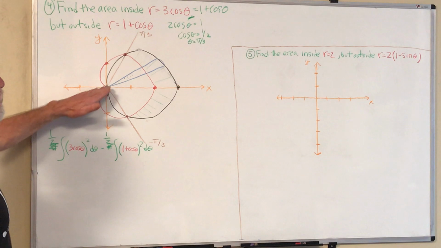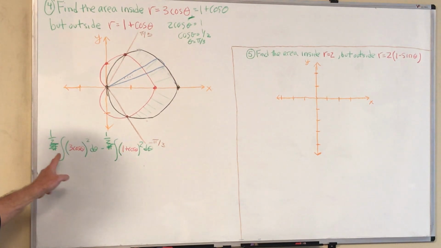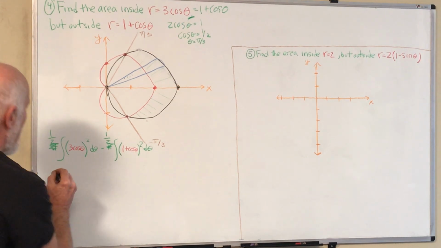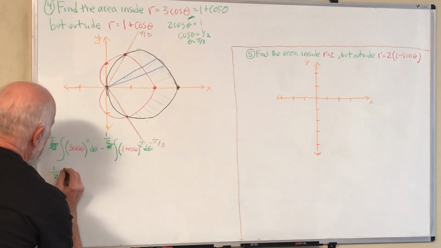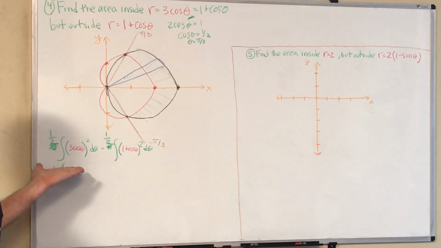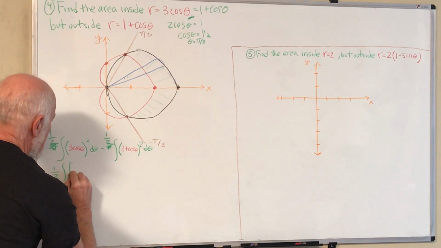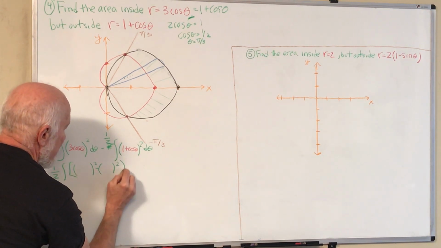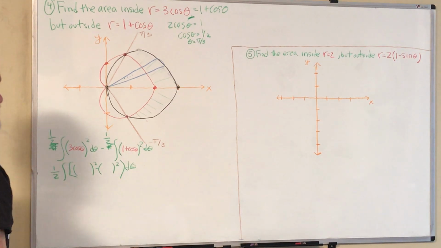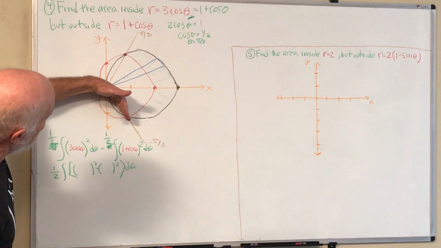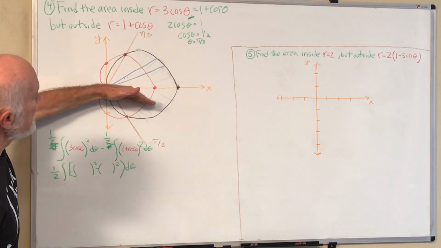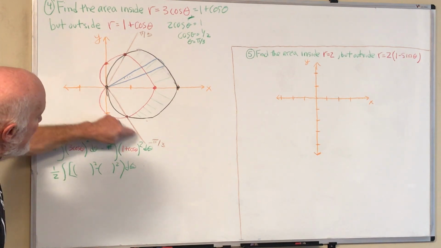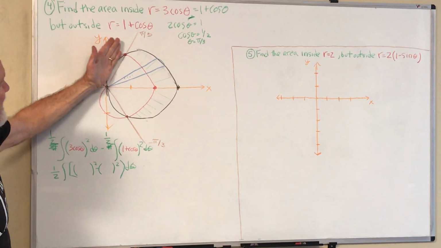Now the nature of these, when you have two like this, is everything is the same angles, so you can put them together into one right from the beginning. So I could have said big R squared minus little r squared d theta right at the beginning. And what angles am I going from? Negative pi over 3 to pi over 3. That's why it's a good idea to put in those rays to see where they intersect.